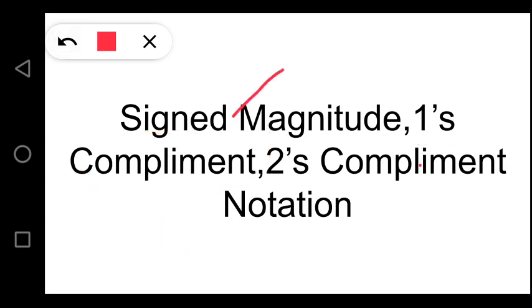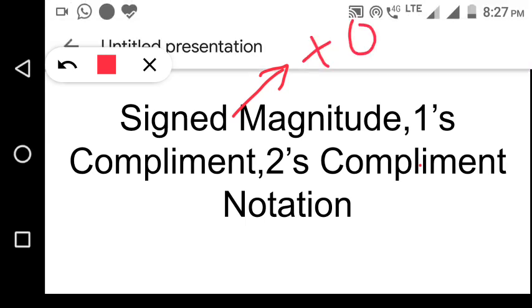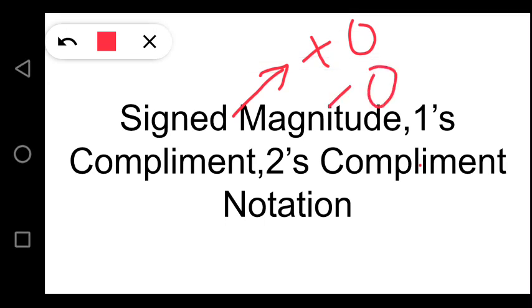And remember, we discussed the biggest disadvantage of signed magnitude is that it is having two zeros. This representation supports two zeros. One is plus 0 and the other is minus 0, which is not at all acceptable.